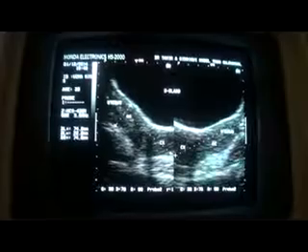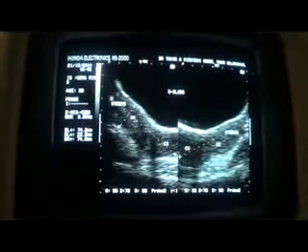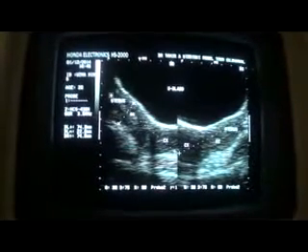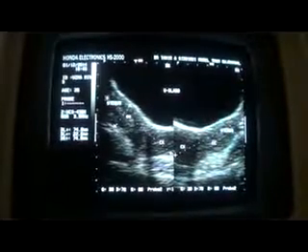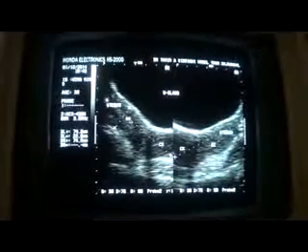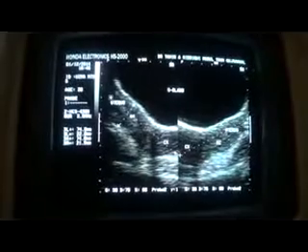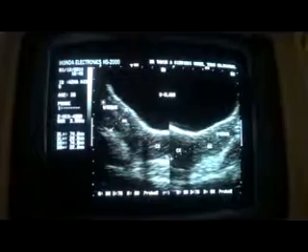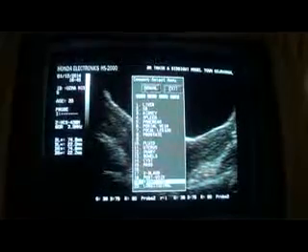The right-sided uterus measures 7.4, including the cervix, and the left-sided uterus measures 7.4 in length, including the cervix. The right-sided uterus measures 2.2 centimeter in anterior-posterior diameter, and the left-sided uterus also measures 2.2 centimeter in anterior-posterior diameter. Now we are seeing this in longitudinal section.